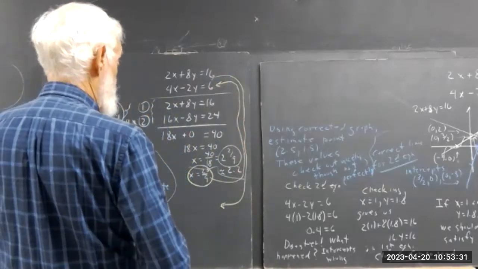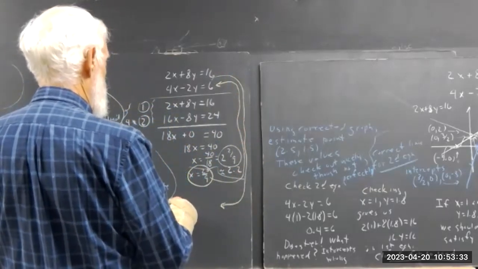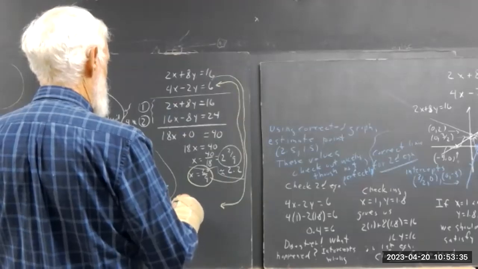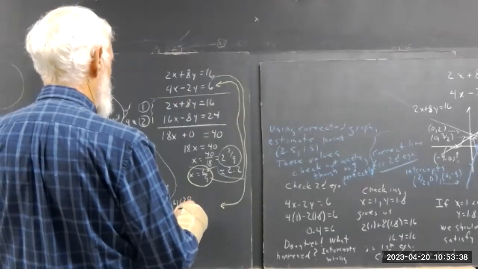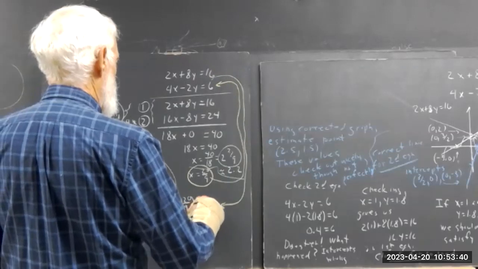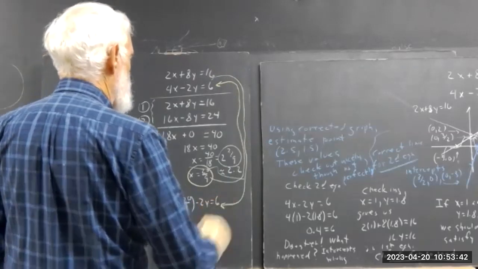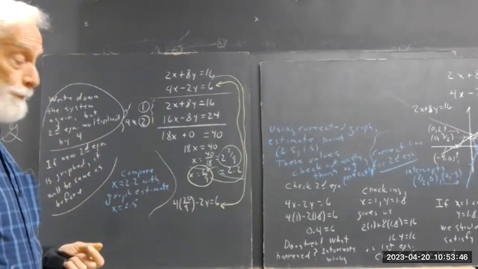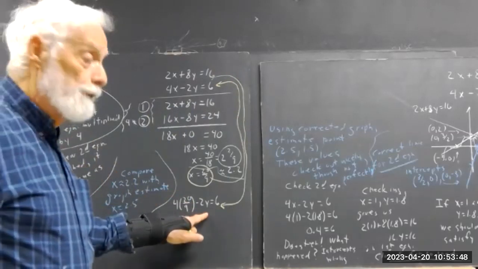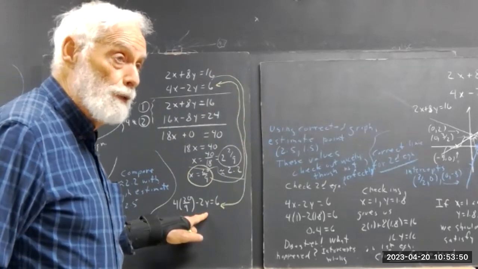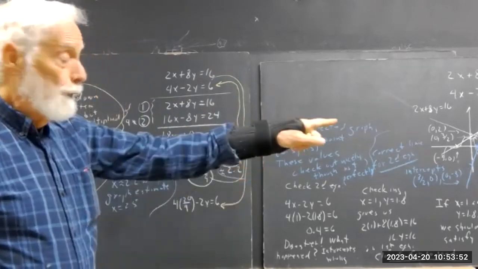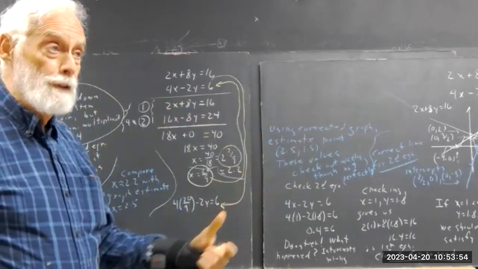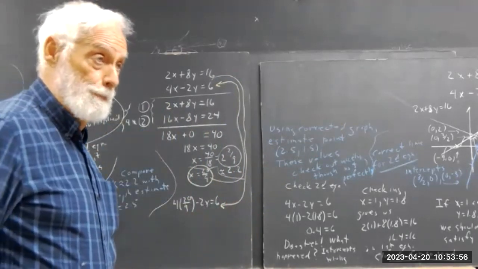That's going to give us 4 times 20/9 minus 2y equals 6. And we can solve this for y, and then we'll have the exact y coordinate where those lines would intersect if they were drawn with complete accuracy.